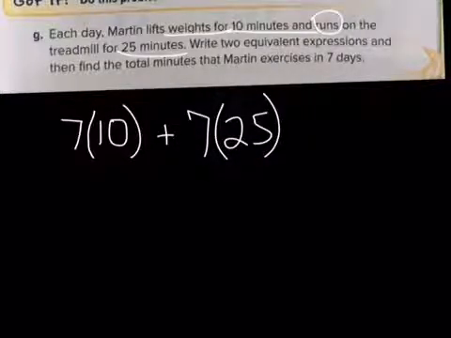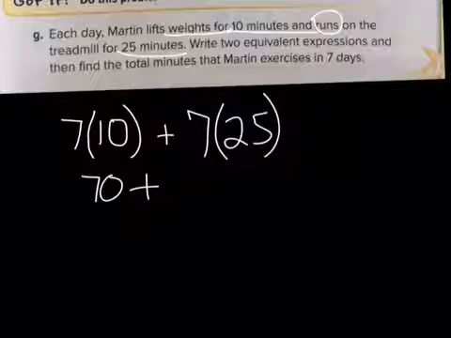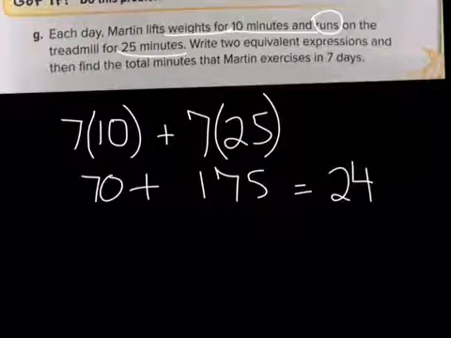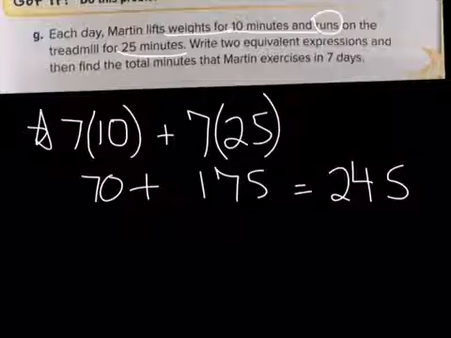And when I solve for this, I'm going to get 7 times 10 is 70 minutes, plus 7 times 25 is going to be 175. And when I add the 2, I'm going to get 245. So that's one expression.